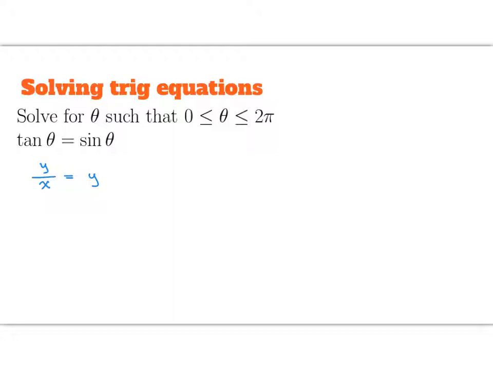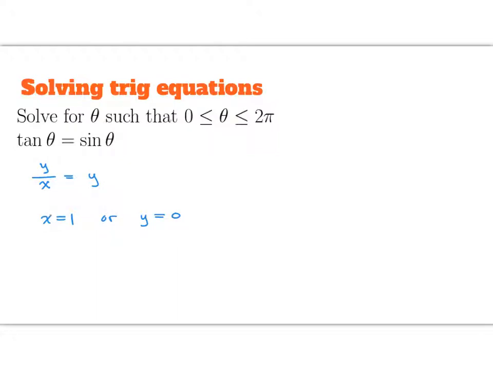Those would be points where x is 1, because if x is 1, then y over 1 would equal y, or points where y is 0, because if you have 0 over something, that'll equal 0.